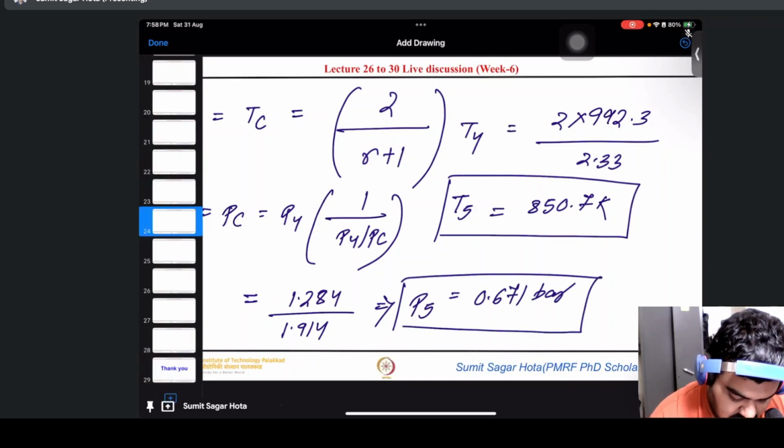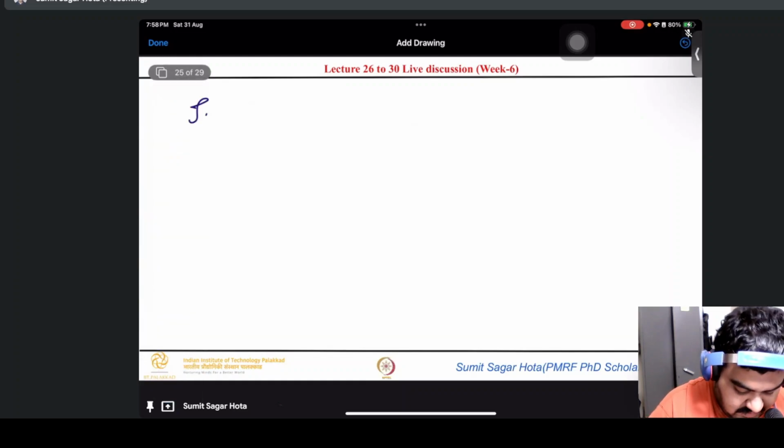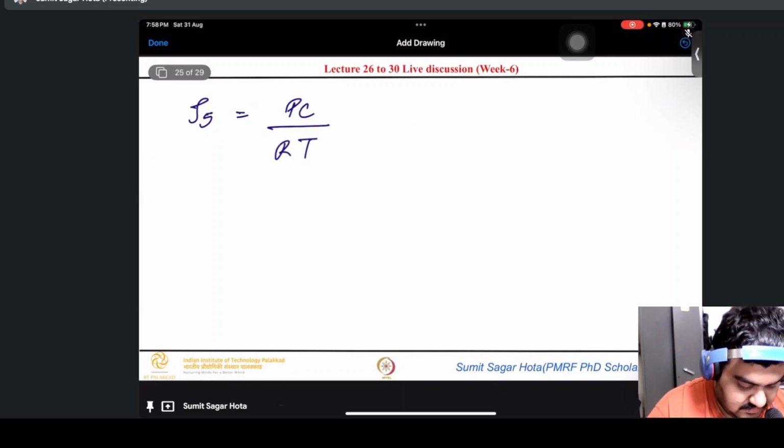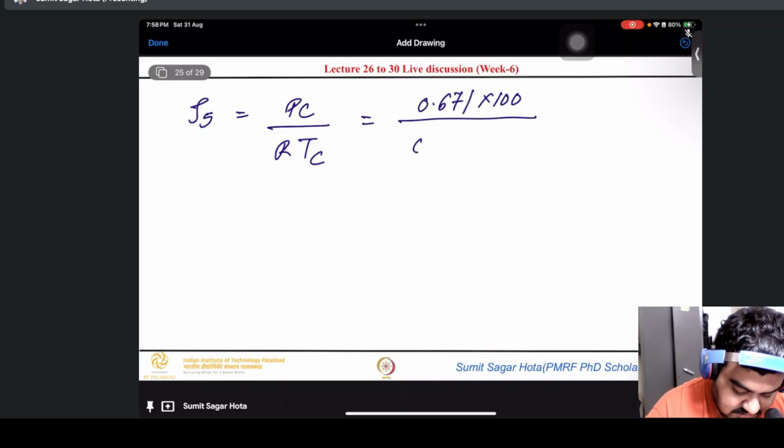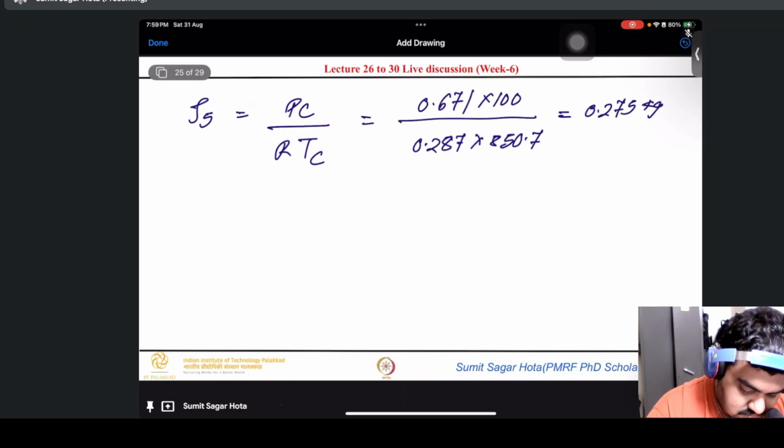Next we have to find rho 5. Applying the ideal gas equation, P equals rho RT, so rho is Pc by R Tc, where c is the critical situation. Substitute all these values and convert into SI units. We have rho 5 as 0.275 kg per meter cube.